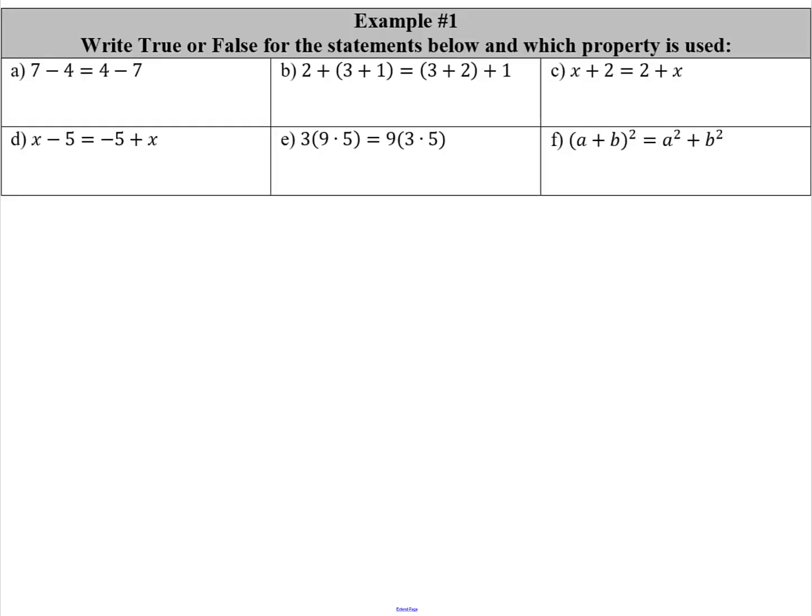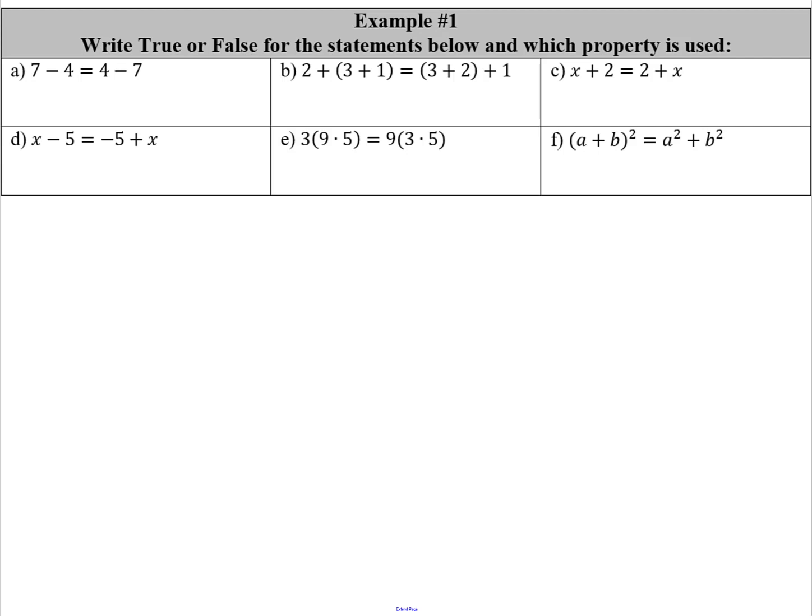All right, so let's go through a few examples here. Example number 1, I'm asking you to write true or false for the statements below, and then identify which property is used. So looking at letter A, let's do this in red. We have 7 minus 4 equals 4 minus 7. Is this a true or a false statement?